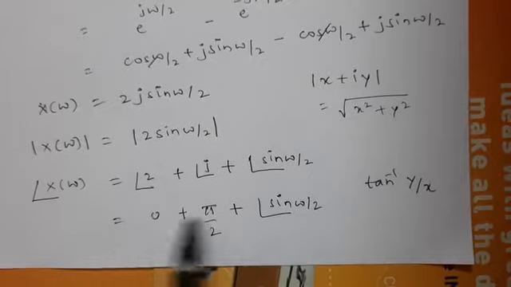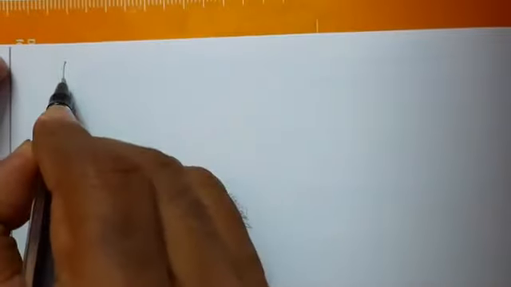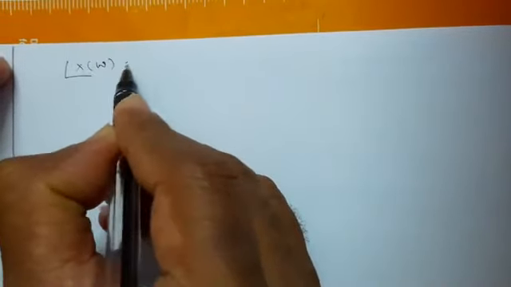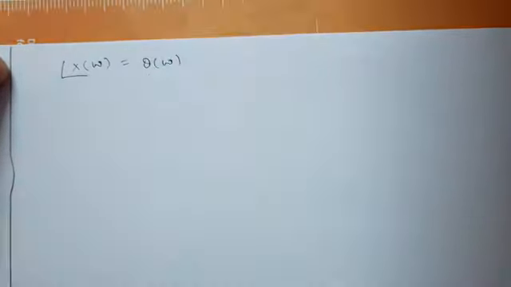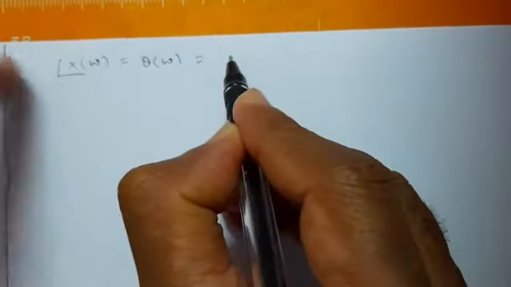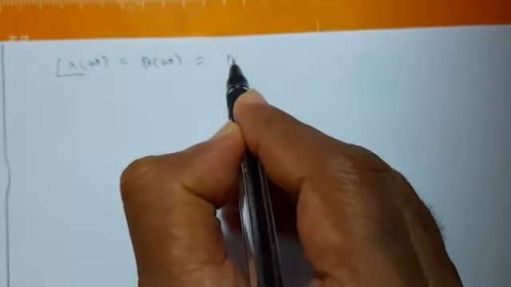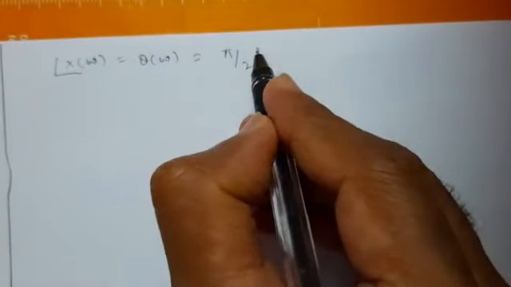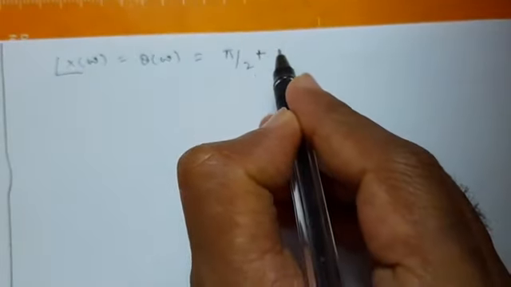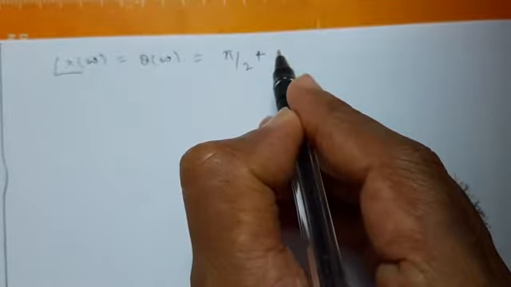So here the total angle, which I can represent as angle of x of omega as theta of omega if I want, which is pi by 2, the j term's pi by 2, plus angle contributed by sine of omega by 2 is 0.